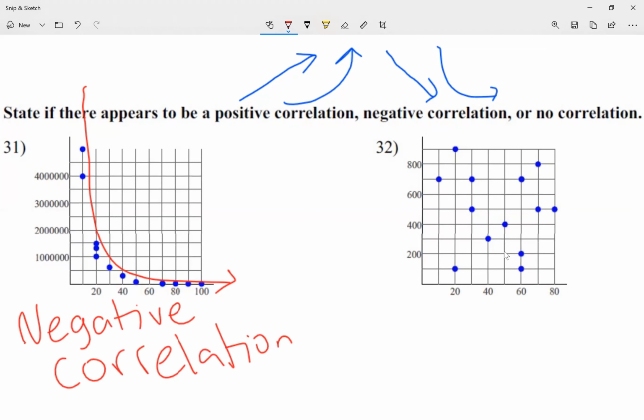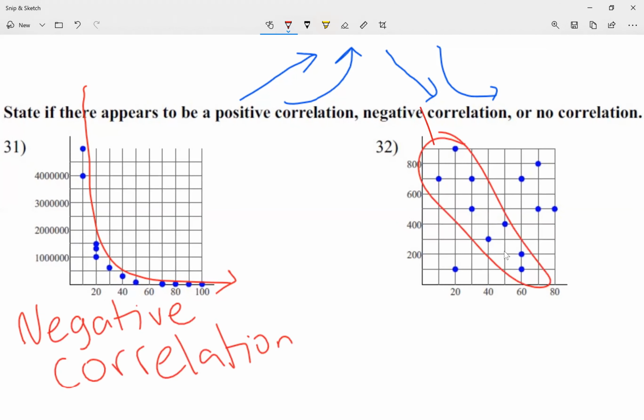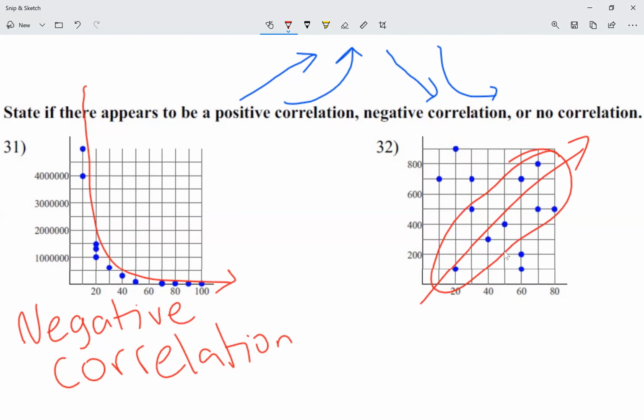Now, question number 32. Does it look like it's going up? Does it look like it's going down? This one, some people might say, if I look at this point, it is going down. But if I'm looking at this point, it looks like it's going up.